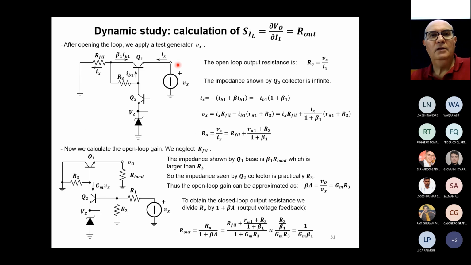So what I can do for calculating this resistance is to apply a test voltage generator here at the output. And I have to measure the incoming current, Ix, the current that is getting into the system. If I take the ratio, I get the output resistance. I try to do a number of simplifications. On this side, on the left, you see here there is a ground, while in the real circuit there is an equivalent battery.